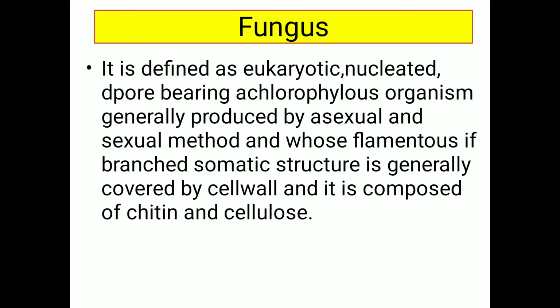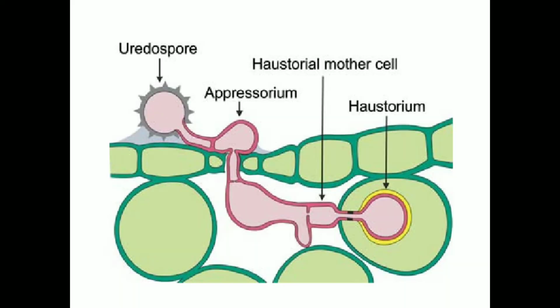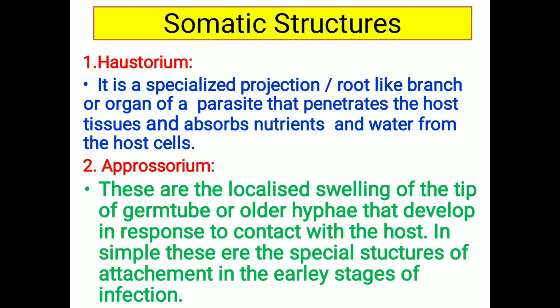Next one, somatic structures, or the modifications of the fungus. First one is haustorium. In the topic of flowering plant parasites, or phanerogamic plant parasites, we already discussed what is meant by haustorium and appressorium also. Haustorium is a specialized projection or root-like branch of an organ of the parasite that penetrates the host tissue and absorbs nutrients and water from the host cell.